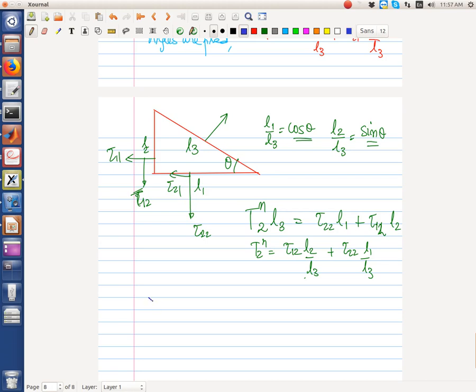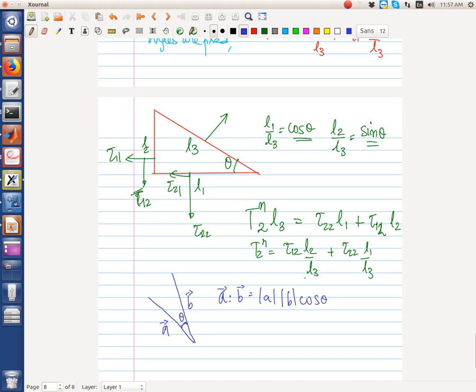Okay. So if we have one line like this and another line like this, what is the angle between the two lines? We have two vectors A and B. A dot B is equal to mod A mod B cos theta. So the angle between them is this.